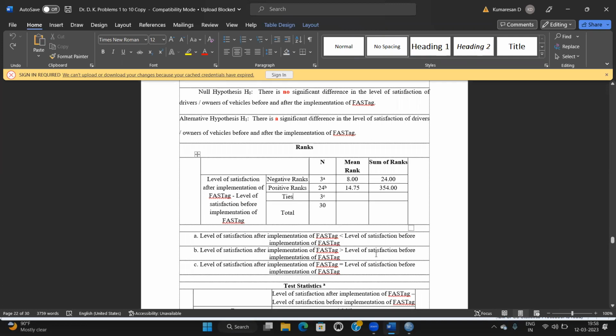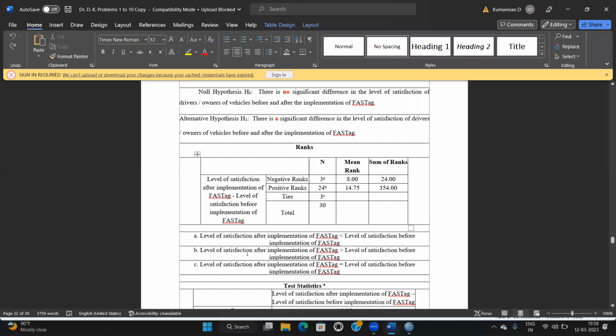What do you mean by negative rank? Level of satisfaction after implementation of FASTag is less than the level of satisfaction before implementation of FASTag. It is negative. What is positive?